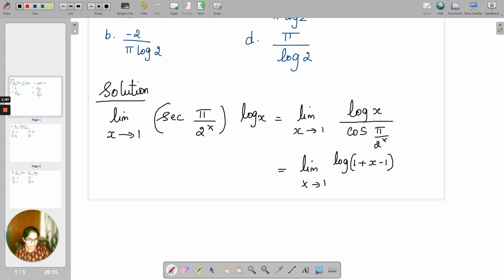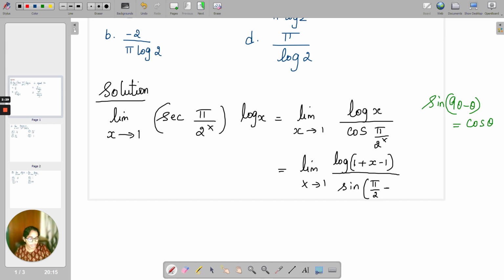In the denominator, what is sine 90 minus theta? Remember, sine 90 minus theta is cos theta. So we have cos theta over here. Can I write it as sine? You can write 90 degrees in radians as pi by 2.